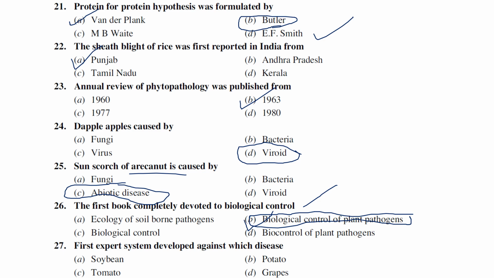First expert system developed against which disease? Soybean, potato, tomato, grapes. The first expert system was developed by USA in 1983, especially for 17 soybean diseases. So the crop is soybean.